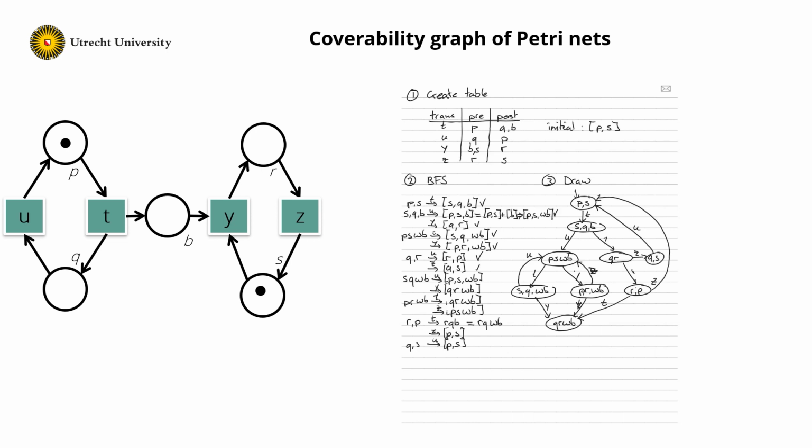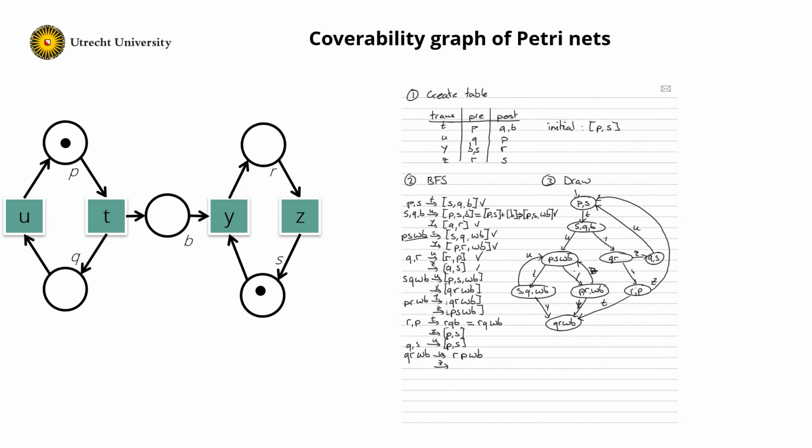And we did this one. PS omega B we already did. That's this one over here. QR omega B we did not yet do, so QR omega B. Transition U is enabled in this marking. That results in RP omega B. And transition Z is enabled.